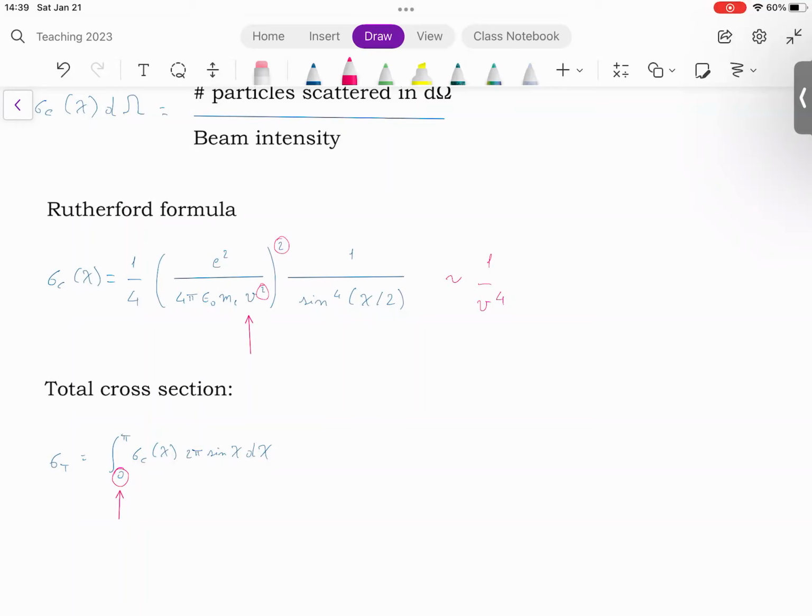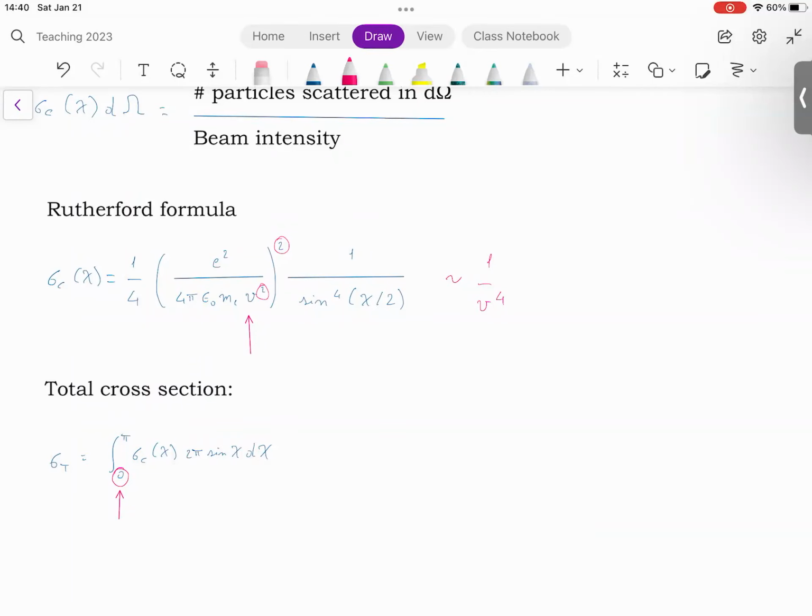For charged particles, they're going to start interacting when they're at any distance, really, because the Coulomb force goes to 0 only in the limit of the distance going to infinity. Therefore, any finite distance is going to give me a finite force. That's going to give me a finite deflection.